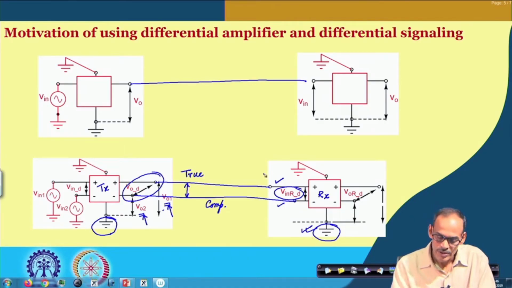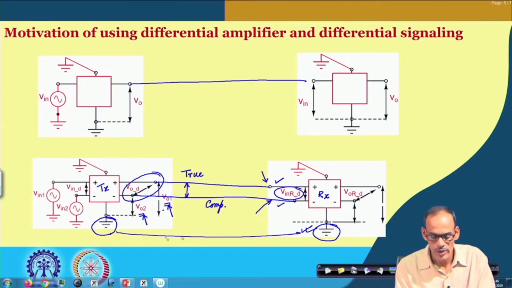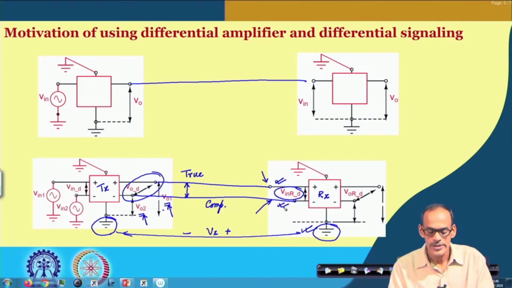In other words, this line and this line may have not only the differential signal, but also a common difference we call Vx, that may appear at terminal 1 as well as terminal 2. And since both terminals experience the same Vx in the same phase, the receiver will see this Vx as a common mode signal.